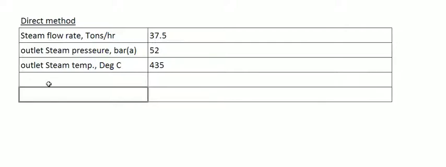And then the gross calorific value of the fuel, in kilocalorie per kg, is 10,550.